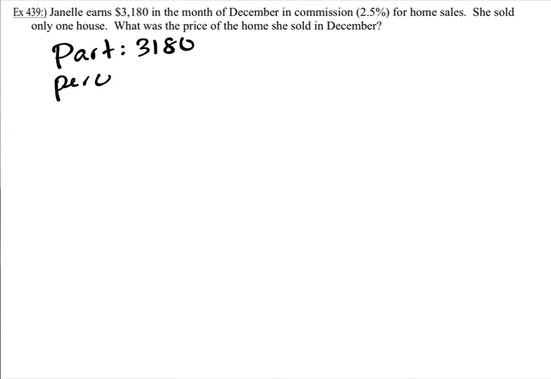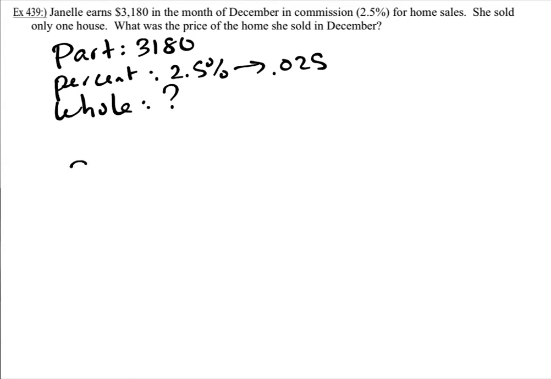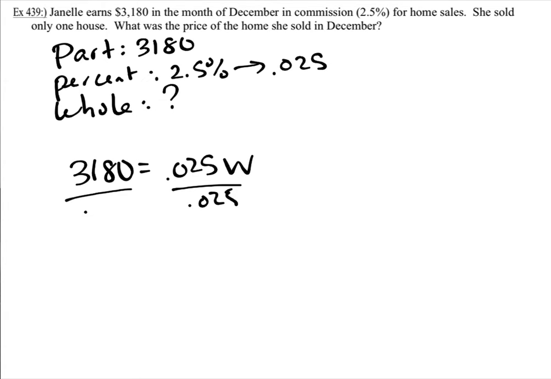The percent is the same 2.5%, which of course as a decimal is 0.025, and the whole, we don't know. So $3,180 is 0.025 times whatever the price of the house was. We can divide by 0.025 on both sides to get the price of the 1 house that she sold. So 3,180 divided by 0.025, she sold a house worth $127,200 that month.